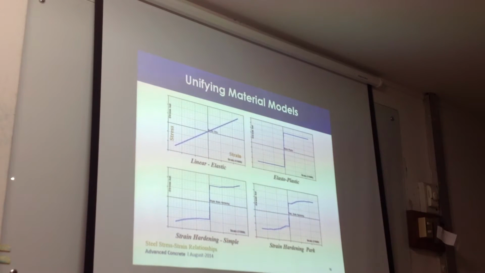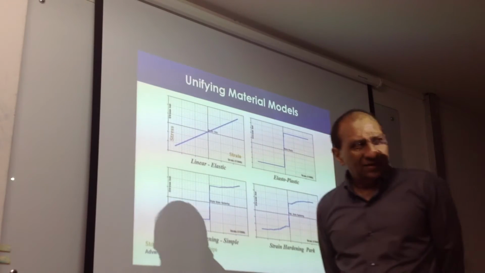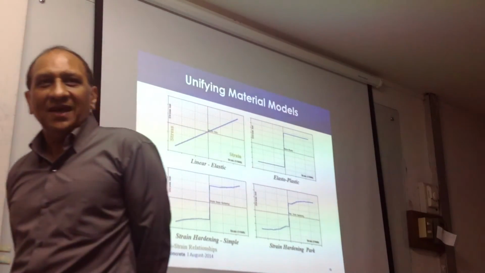The same can then be applied for concrete, steel, aluminium, bamboo, banana, whatever you want to model. You agree with that or not? Right? So it's as simple as that.